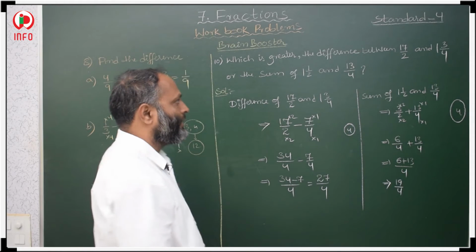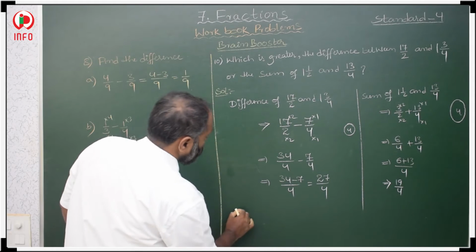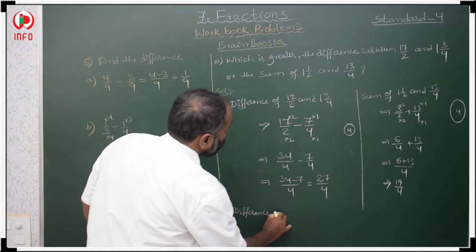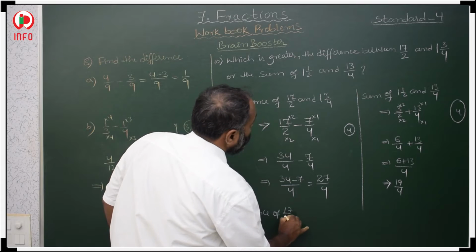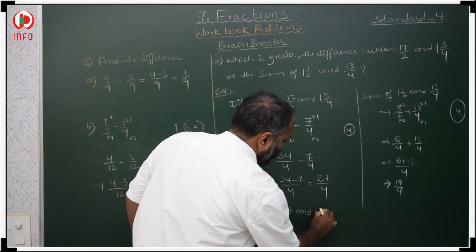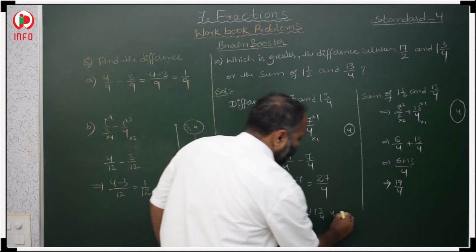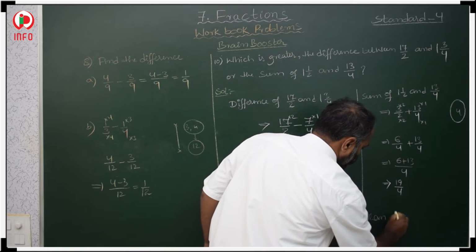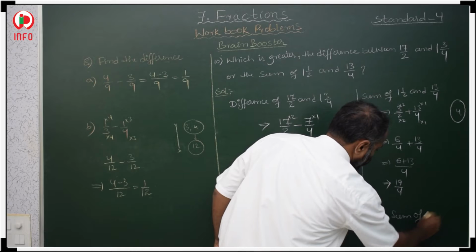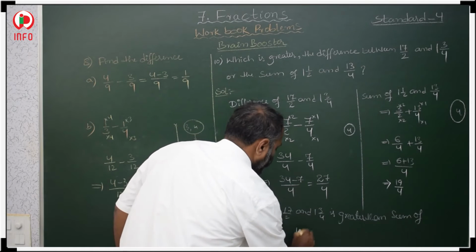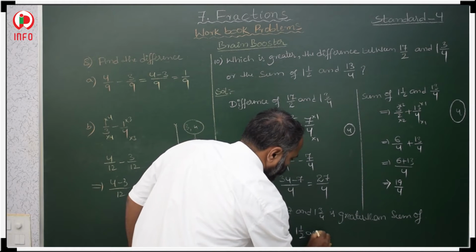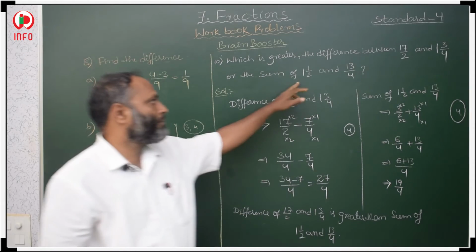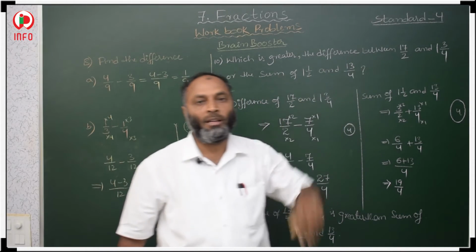Here the difference of 17 by 2 and 1 3 by 4 is greater than the sum of 1 by 2 and 13 by 4. So compared with this sum, the difference is bigger. Okay.